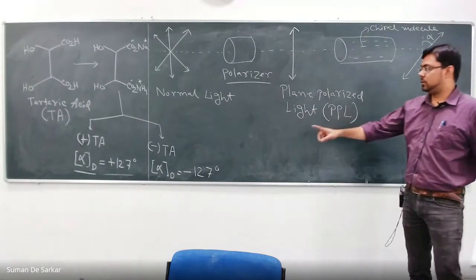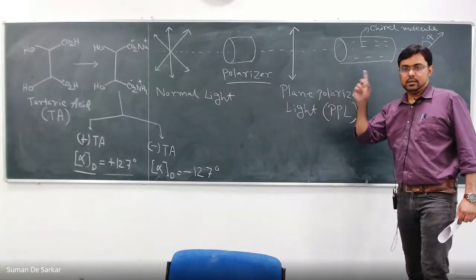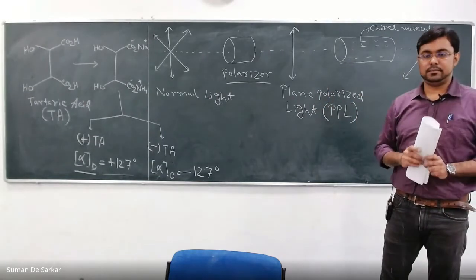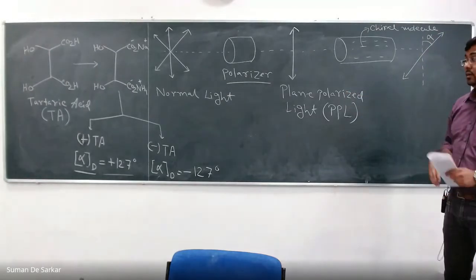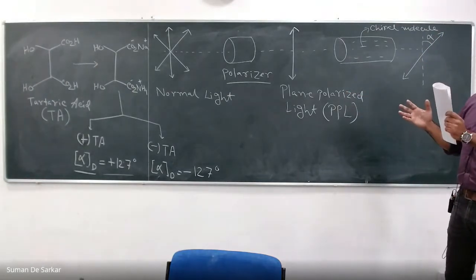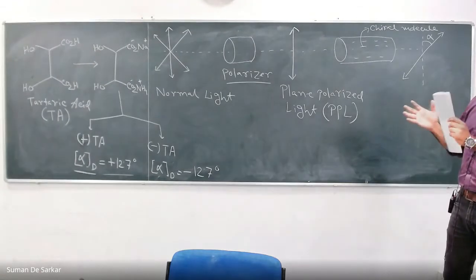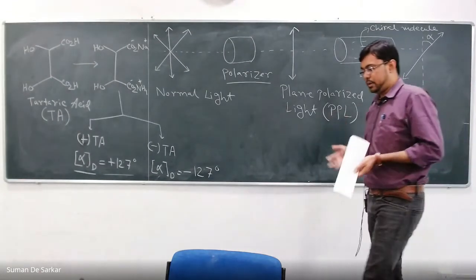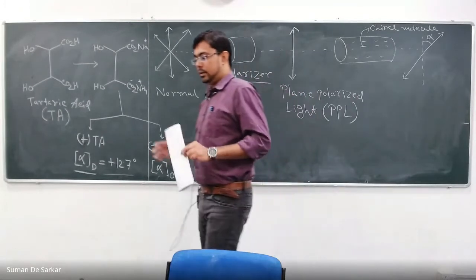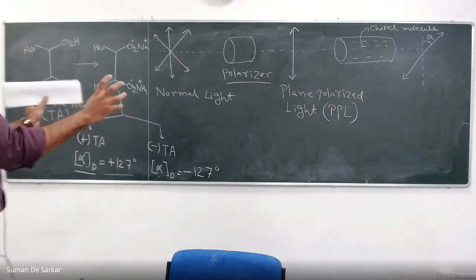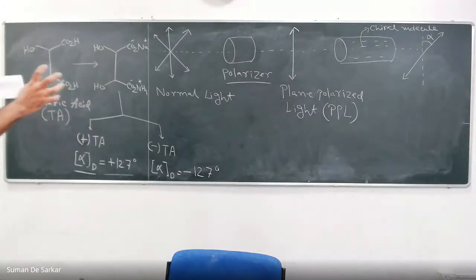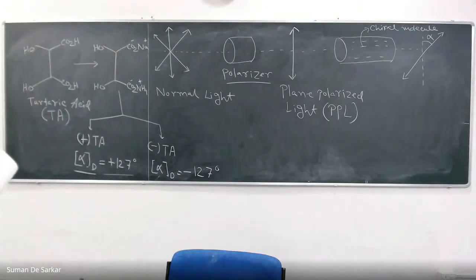In both cases, this is 12.7 degree, but the direction is different. Okay. He was really excited, and it was a big discovery. It was for the first time two chiral components were separated experimentally, and it was measured and found that these two chiral components from one mixture give the same rotation but in opposite direction.